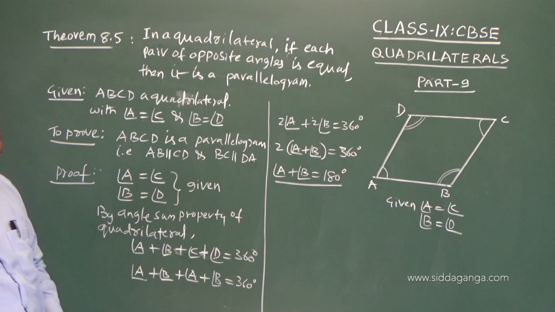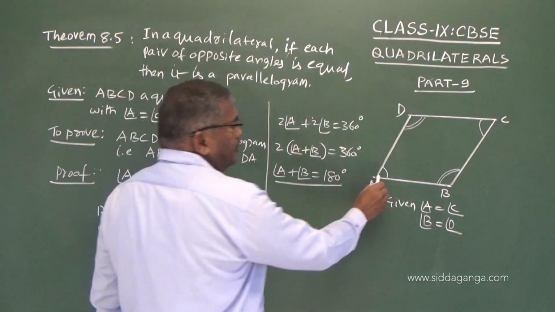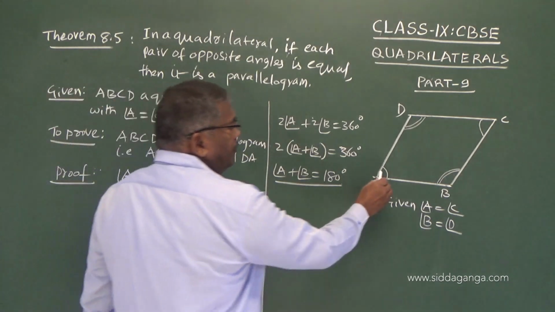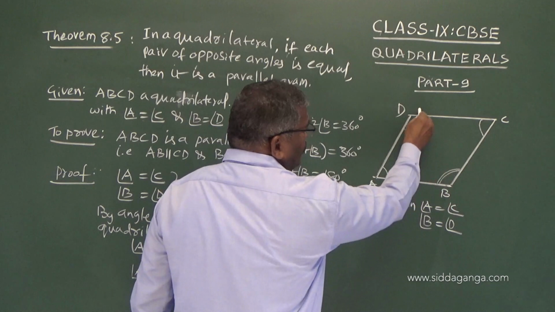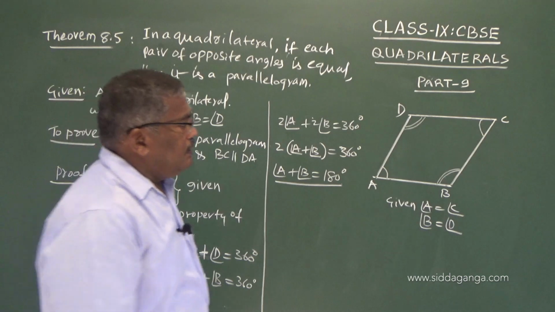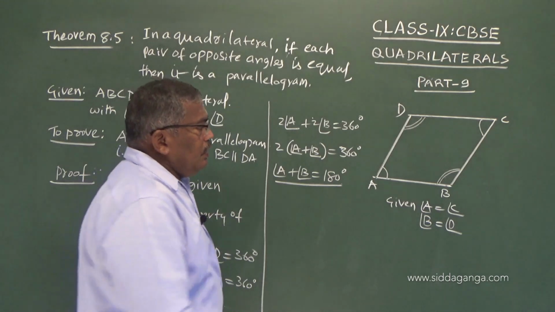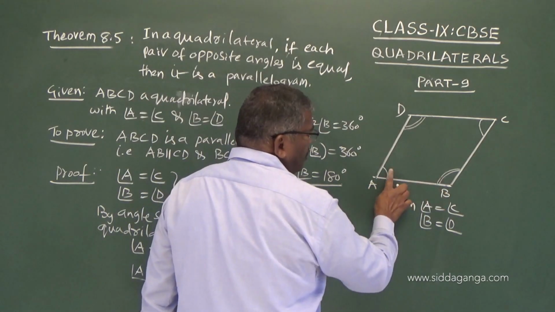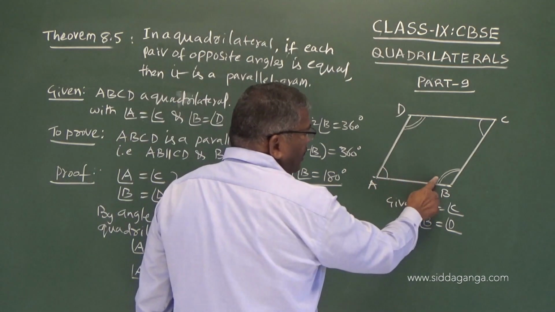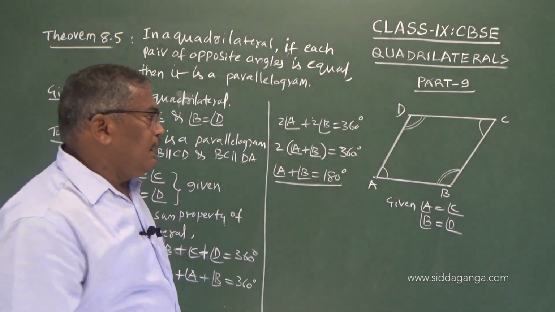Now observe here, we have A plus B is equal to 180 degrees. When A plus B are 180 degrees, considering BC and AD as two lines and AB as transversal, these are interior consecutive angles. Their total is 180 degrees.